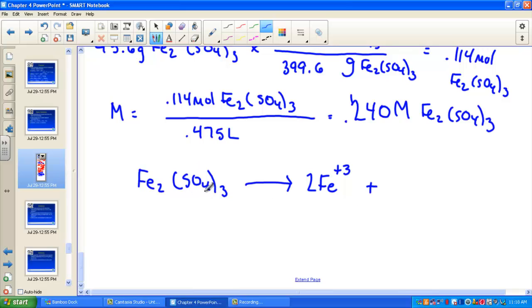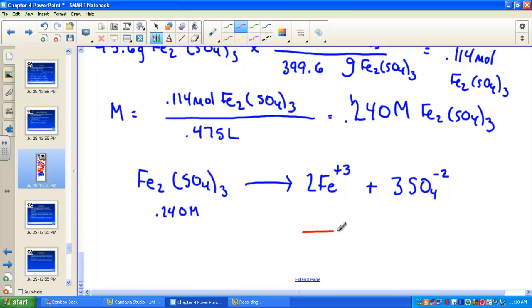And here's the polyatomic ion called sulfate. There are 3 units of the polyatomic ion sulfate that carries a -2 charge. My ions have charges. We determined the concentration of the iron 3 sulfate compound to be 0.240 molar.